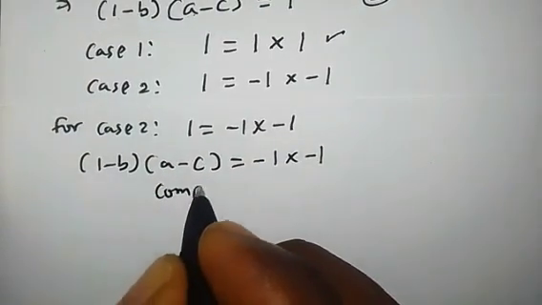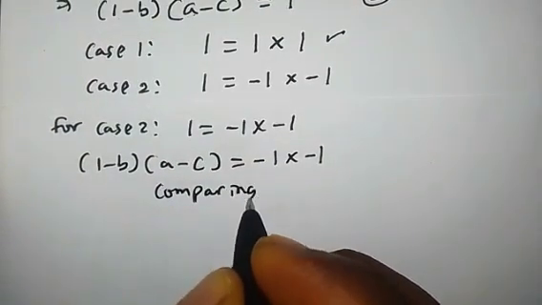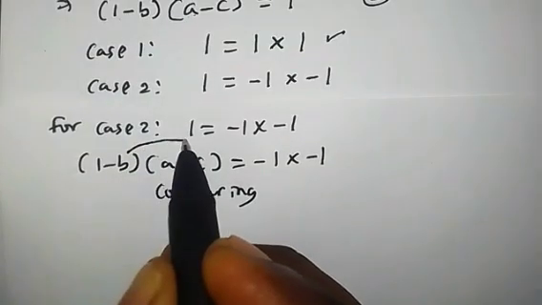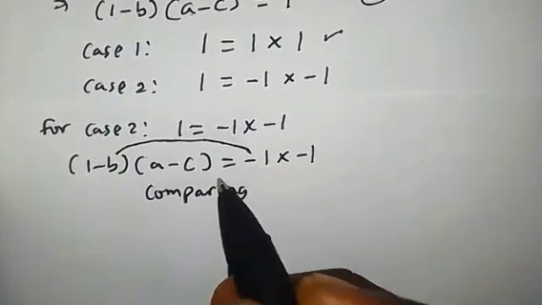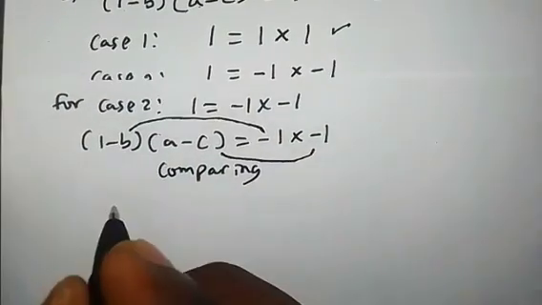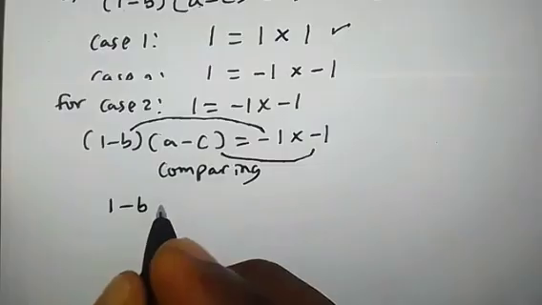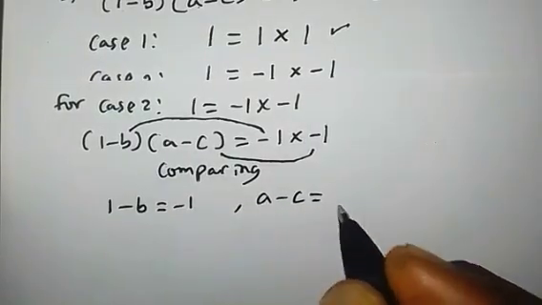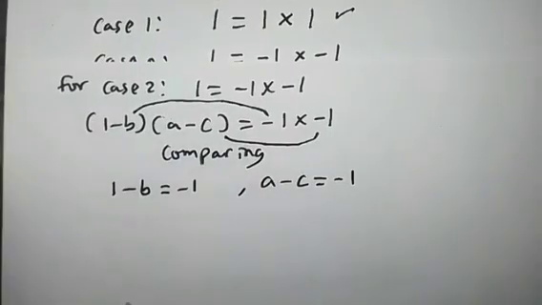Comparing, as we did for case 1, 1 minus B has to be equal to minus 1, while A minus C has to be equal to minus 1 also. 1 minus B equals minus 1. A minus C equals minus 1.